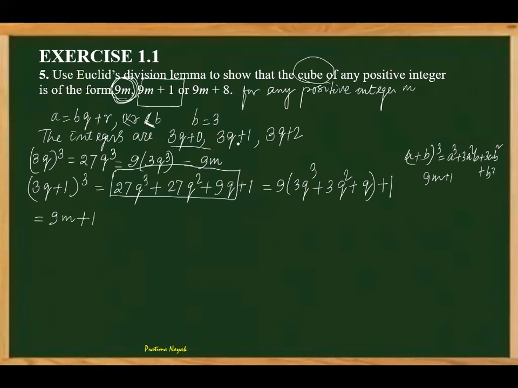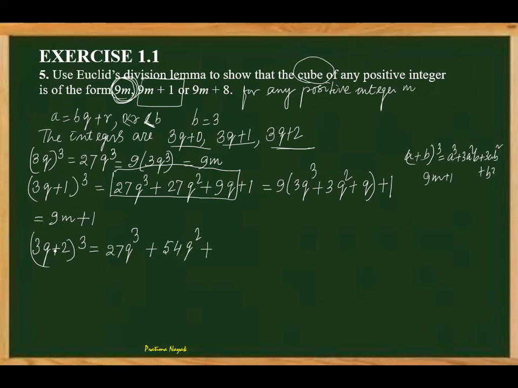We proved this is 9m, and this is 9m plus 1. Now coming to 3q plus 2 whole cube. So it will be 27q cube. Same formula I'm applying: a plus b whole cube, a cube plus 3a square b. 9 into 3 is 27, into 2 is 54q square.